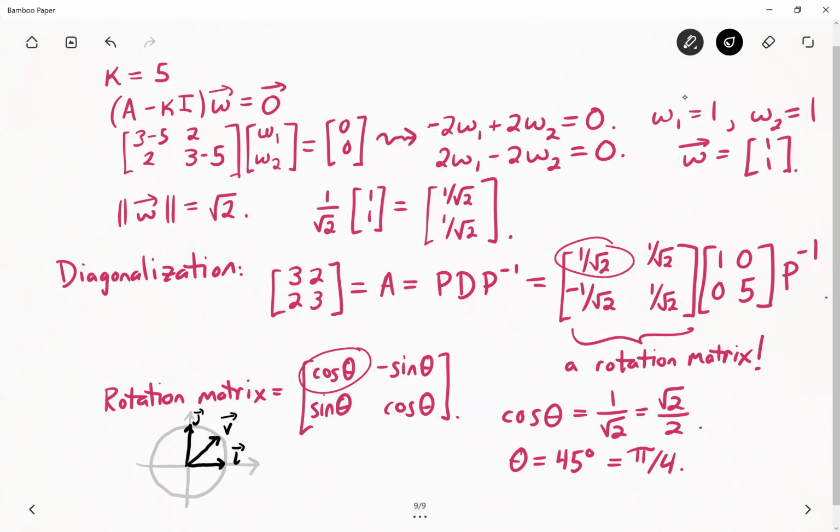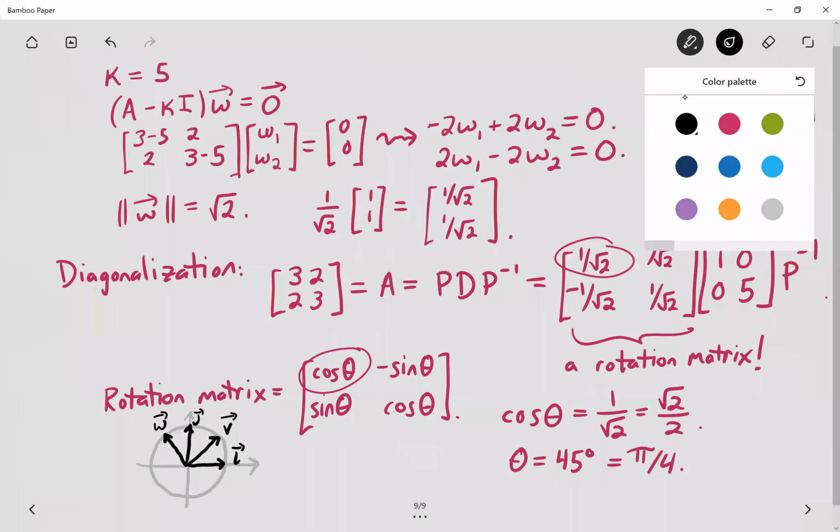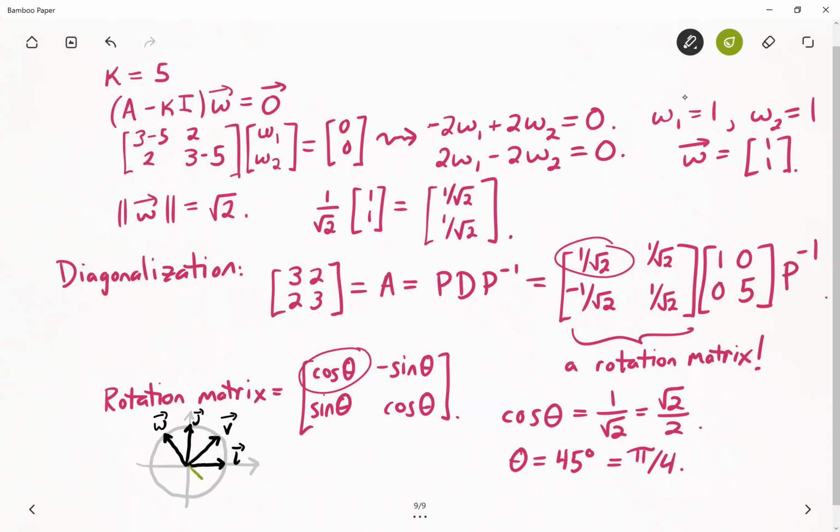One of the options is one we drew up here. The other option for w is this. Right, so this is what's happening here. With these negative signs in the wrong position, that indicates that we also have a reflection in here as well. And so v and w are going in this order. So it's okay. It's still a rotation matrix, but it's a rotation matrix kind of combined with a reflection, which puts w on the opposite side that you might expect.